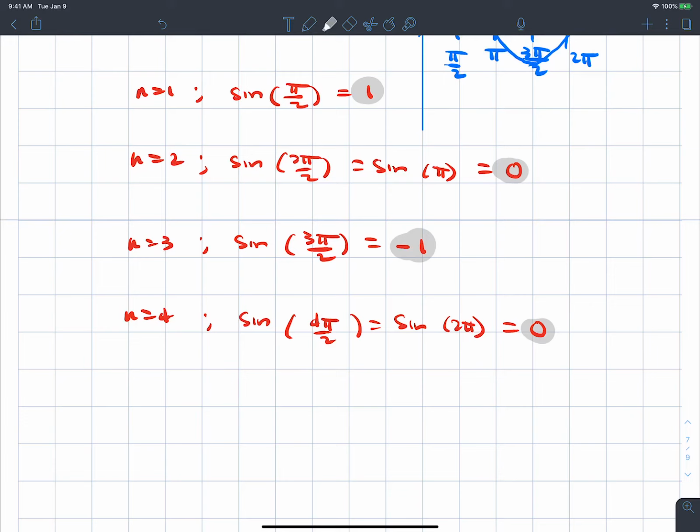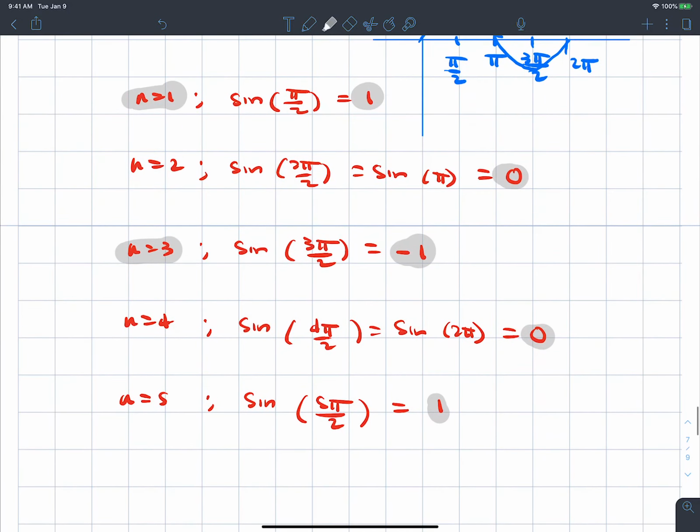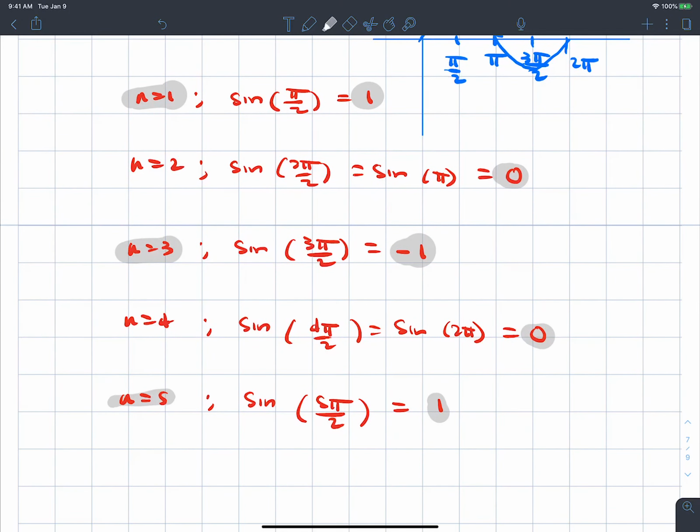So we have positive 1, we got 0, we got negative 1, we got 0. If we continue with the pattern, the alternating part only happens when n is 1 and n is 3. Because if I come back and say, let's let n be 5 now, we get sine of 5 pi over 2, which is positive 1. So n is 1, n is 3, n is 5.